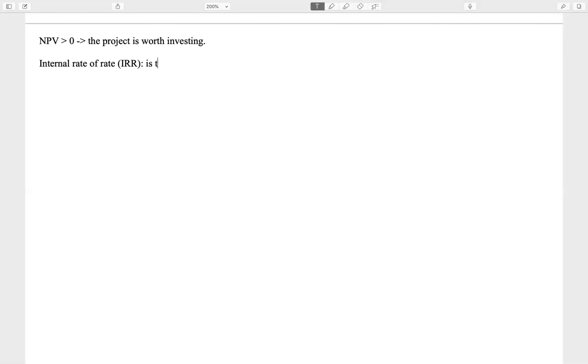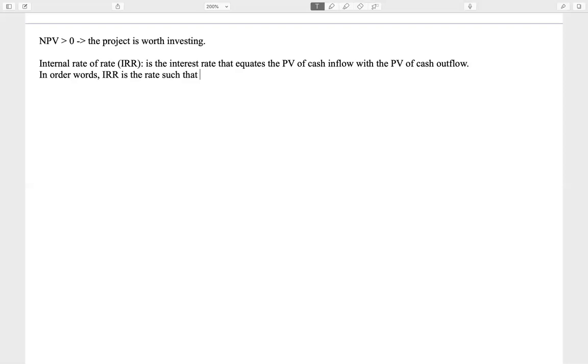It is the interest rate that equates the PV of cash inflow with the PV of cash outflow. So in other words, IRR is the rate such that NPV equals 0. Okay.